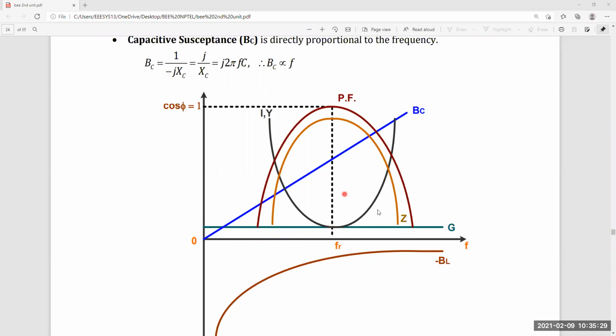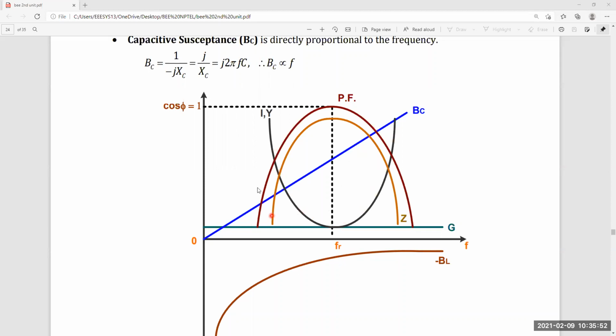So what is the impedance at resonance? It is maximum. In a parallel RLC circuit, the impedance is maximum. But in a series RLC circuit, the impedance line will be like this.